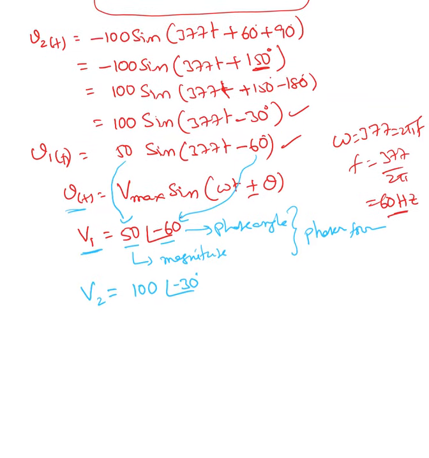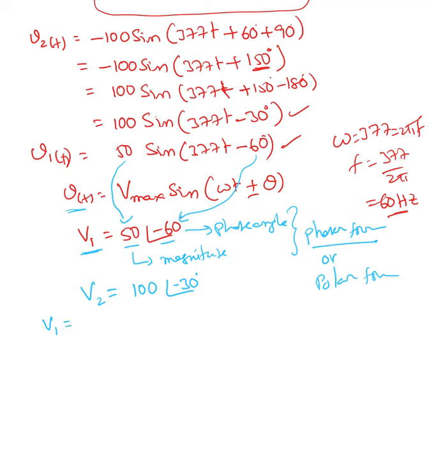To add these two vectors, we need to convert this polar form, also called phasor form, into rectangular form. As I mentioned, you need to understand how to do it using your calculator. Practice it as many times as possible.